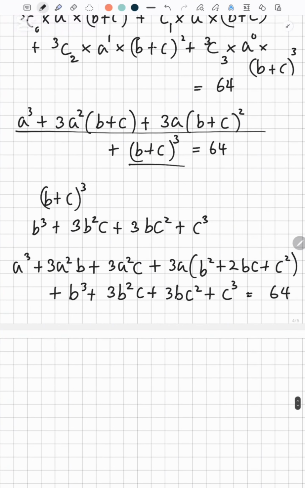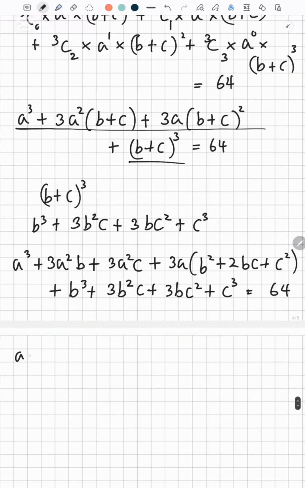So now let's get the common terms together. So we have a to the power 3 plus b to the power 3 plus c to the power 3, right? We can leave that aside.